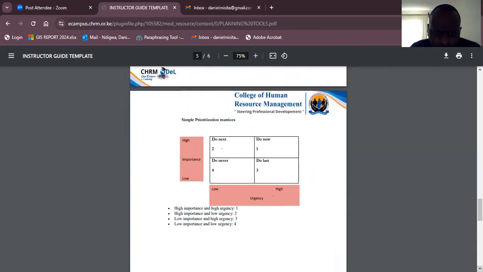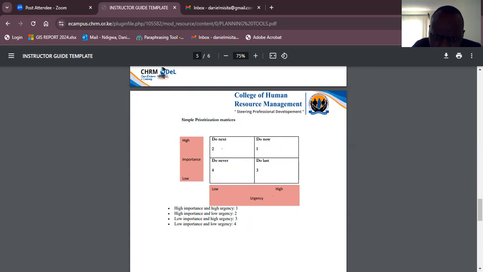Then we also have what is called a prioritization matrix. As the name suggests, this matrix is able to give the level of priority you need to give to particular activities. And as you can see in that diagram, we have different activities, and every activity is classified as either high importance or high urgency.